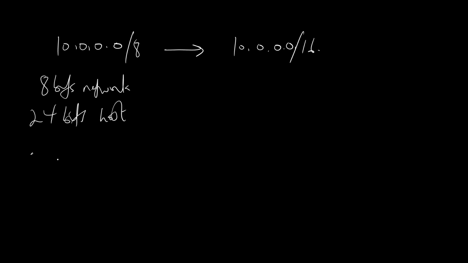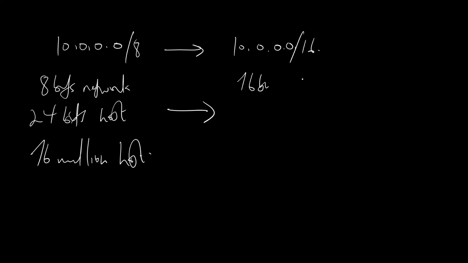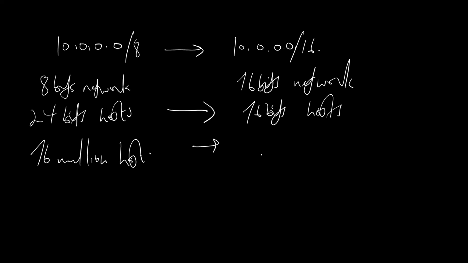It means I have around 16 million addresses for my hosts. If I go to the subnetting, it will mean I now have 16 bits network, 16 bits hosts. It will also mean approximately 65,000 hosts that I can create.